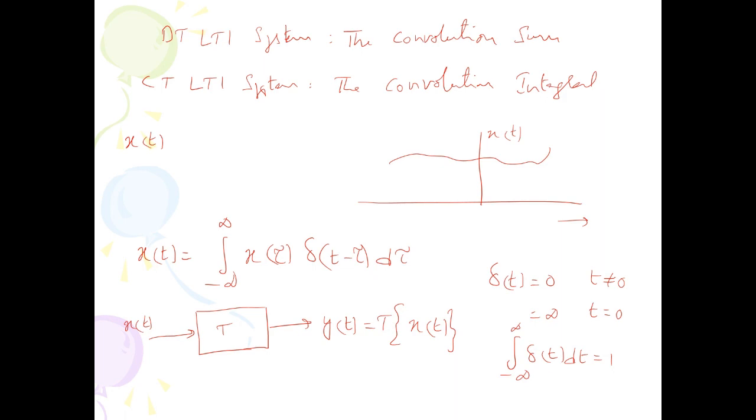Now y of t is equal to the transformation of x of t, that is, the integral from minus infinity to plus infinity of x of tau delta of t minus tau d tau. We can take the integration outside, with x of tau, and the transformation applies to delta of t minus tau d tau.